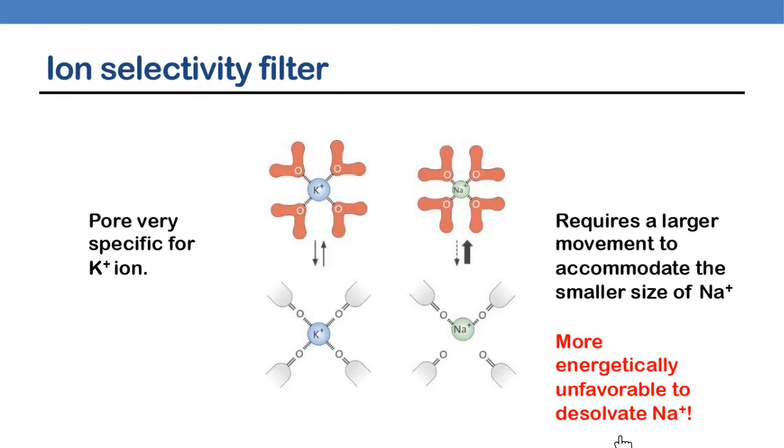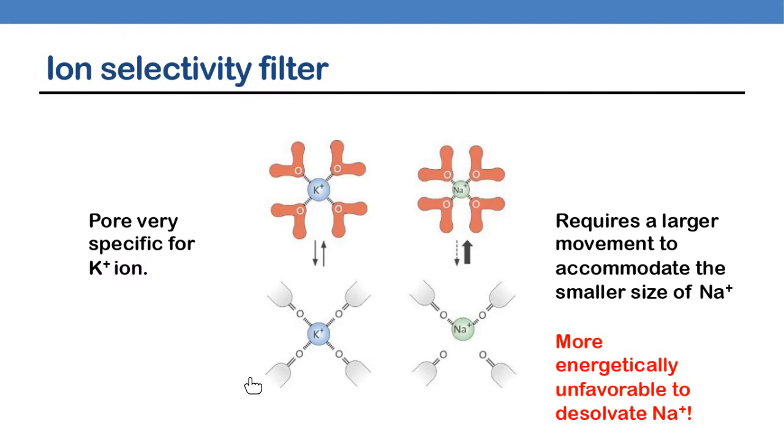Someone says, would you get something bigger than potassium? Or is that not normally seen? I think that if you go to an ion larger than potassium, I almost want to say that also wouldn't fit because it would be too big. You can see the size of the sodium, the water molecules are closer together, and then they get farther apart with the potassium, and they would get even farther apart with a larger ion.